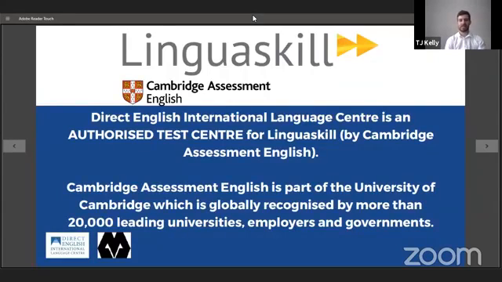Now, the DEILC is an authorized test center for LinguaSkill. This is the Cambridge Assessment Learning Program. It's a modular way of assessing language skill, which is employed by over 20,000 leading universities, employers and governments. And it provides a fast and accurate way to assess proficiency of languages.